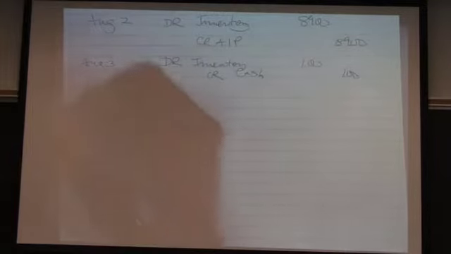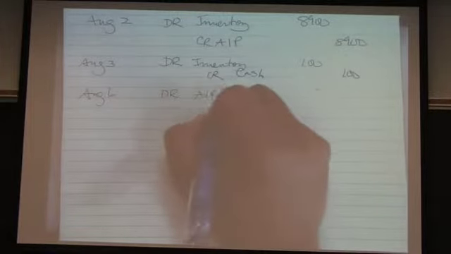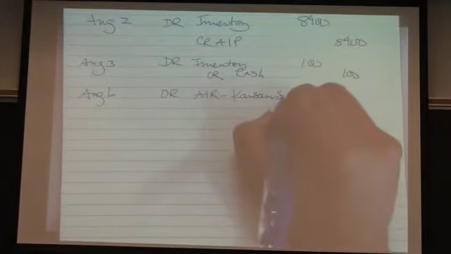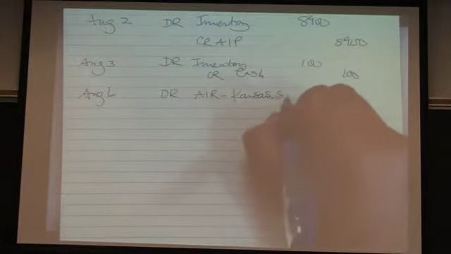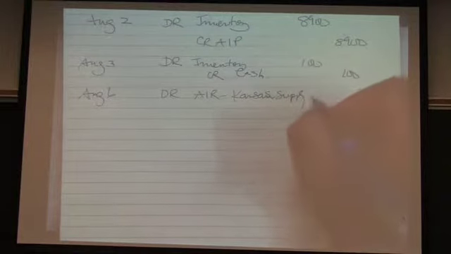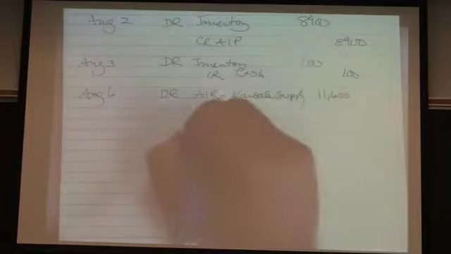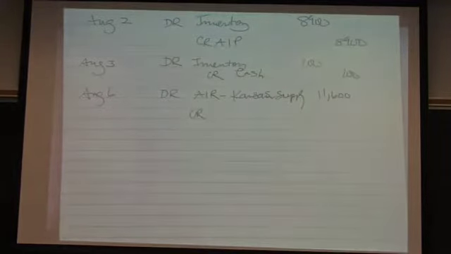So on the 6th, we need to record the debit to accounts receivable. And this one is Kansas Supply. And that one is for $11,600. We're going to credit revenue or sales.